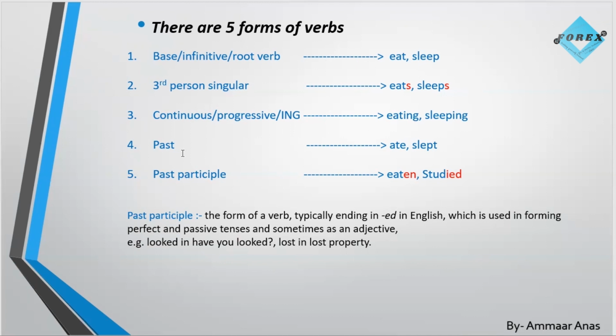He ate rice. And the past participle is the form of a verb typically ending in ed in English, which is used in forming perfect and passive tenses, and sometimes as an adjective. Past participle is when you add en or ied or ed, so you just have to get the basic idea of it.